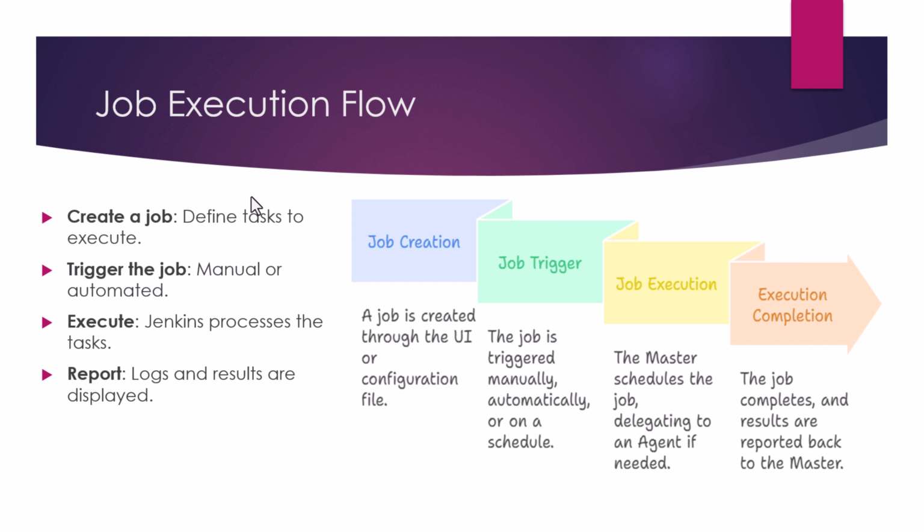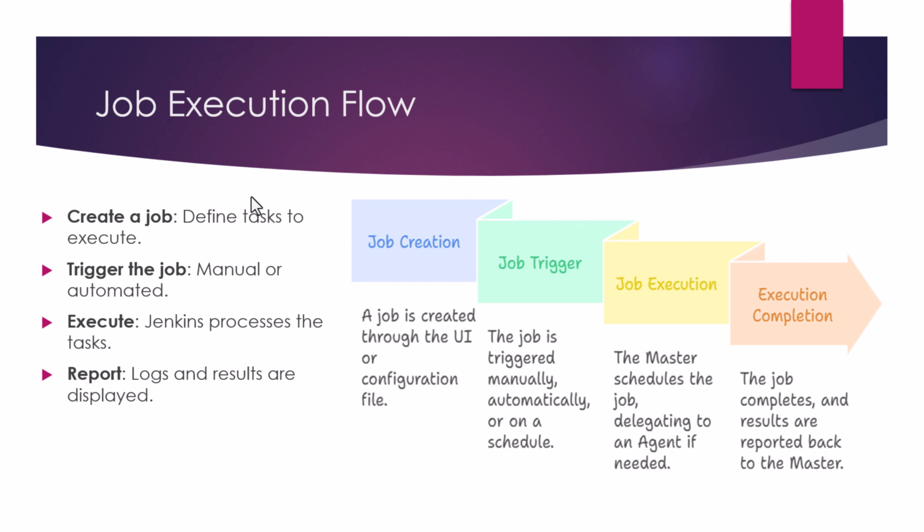You can manually trigger a job, configure Jenkins to trigger a job automatically when changes are detected in a version control system like Git, or you can even set up scheduled triggers. Next is job execution. When triggered, the master schedules the job for execution.